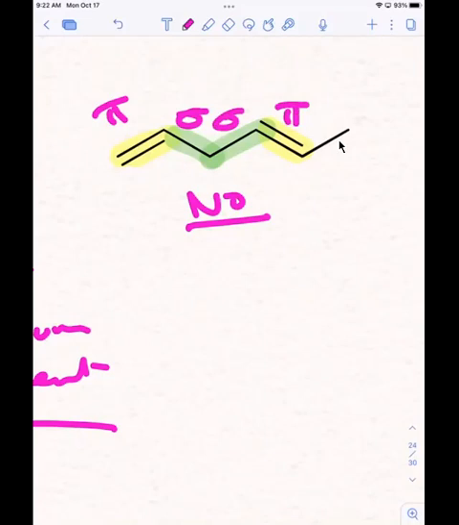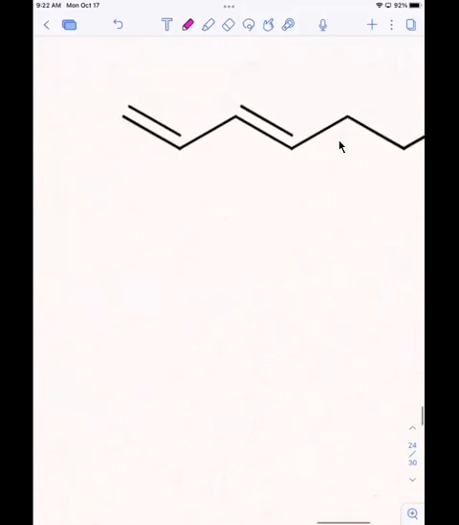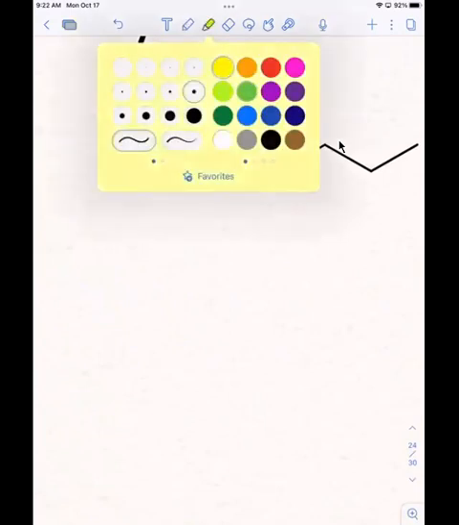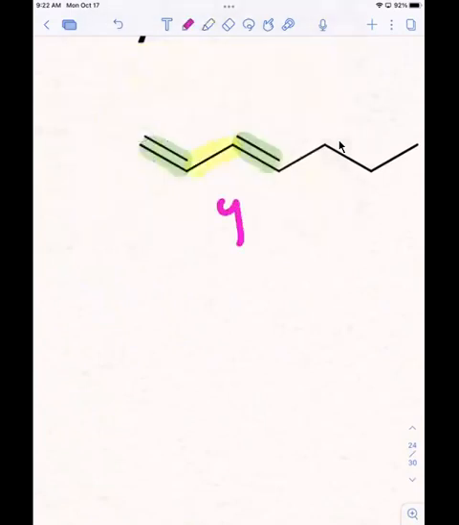If it's not alternating, it can't be conjugated. Here, yes or no? Yes, it is. You have 2 pi bonds separated by a sigma bond. That's pi, sigma, pi, like so.